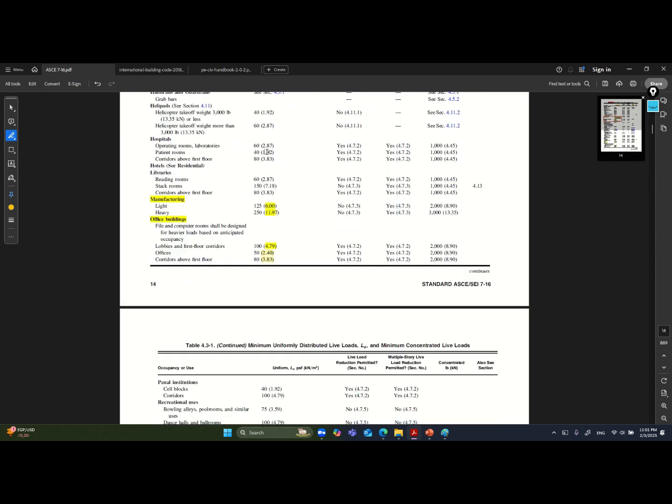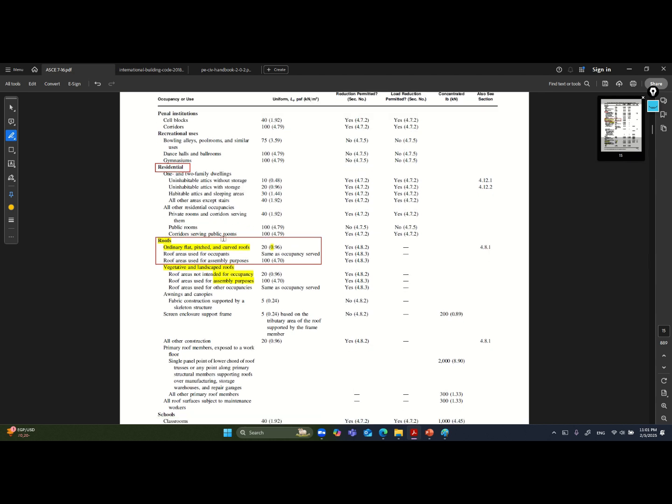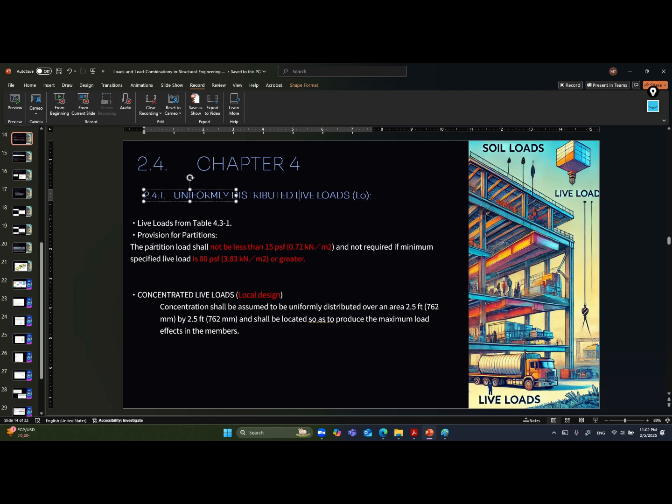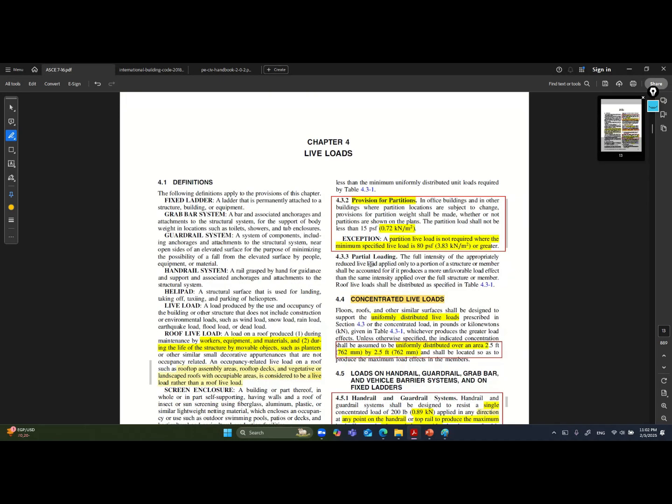So I highlighted, as I told you, the minimum, the usual values that you are going to use. For roof, the minimum value is 0.96. So let's go back here. Regarding the partition load, it mentions that you must consider the partition live load, which is 0.72.